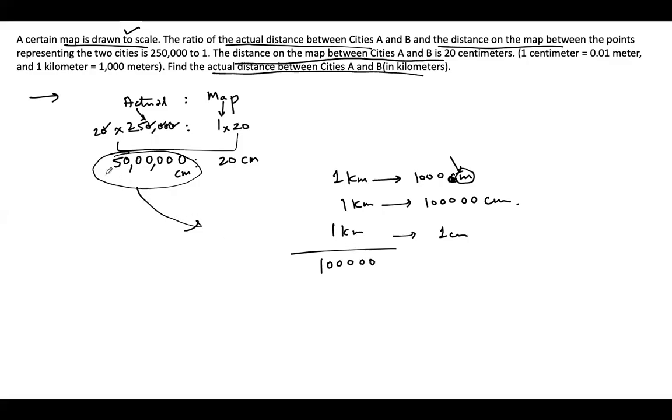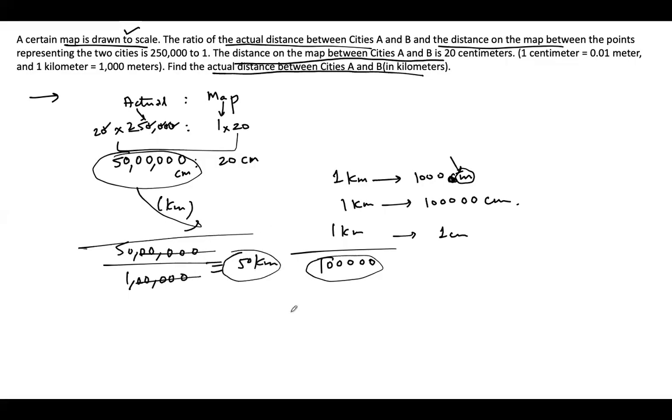So similarly, in order to convert this into kilometers, you need to divide this whole thing by how many zeros? 5 zeros, 1 lakh basically. 1, 2, 3, 4, 5. So the answer would be 50 kilometers. Yes.